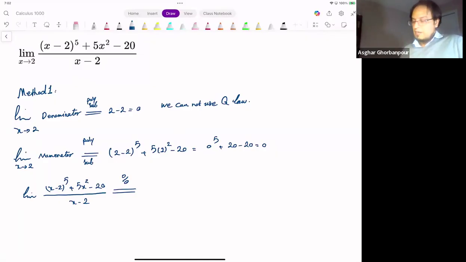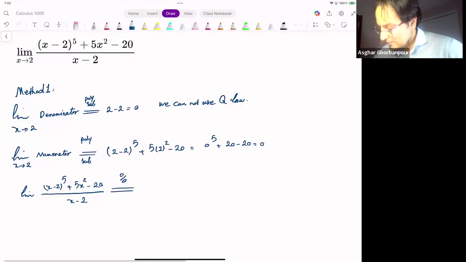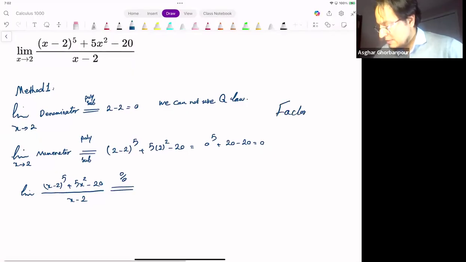And remember how we did this kind of thing, especially for the polynomials. We always went with factor it, cancel it. Factor, I'll write it here, and cancel.